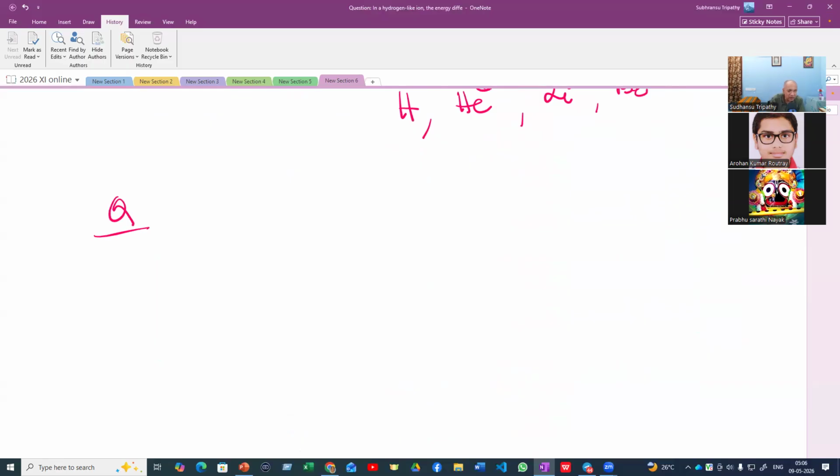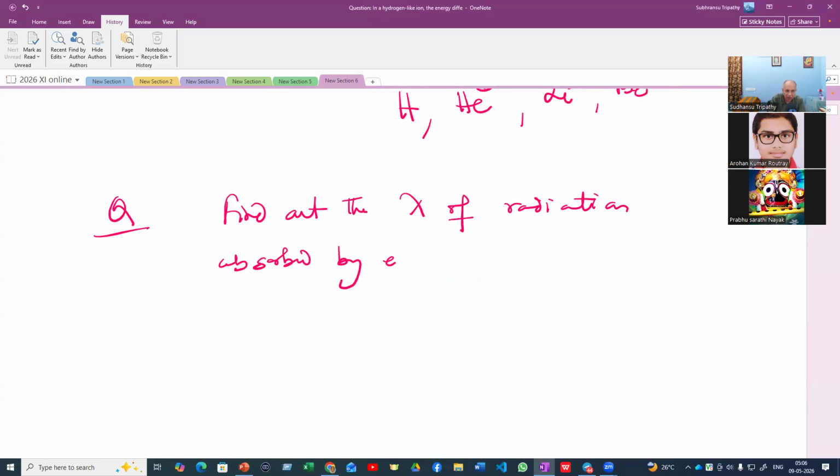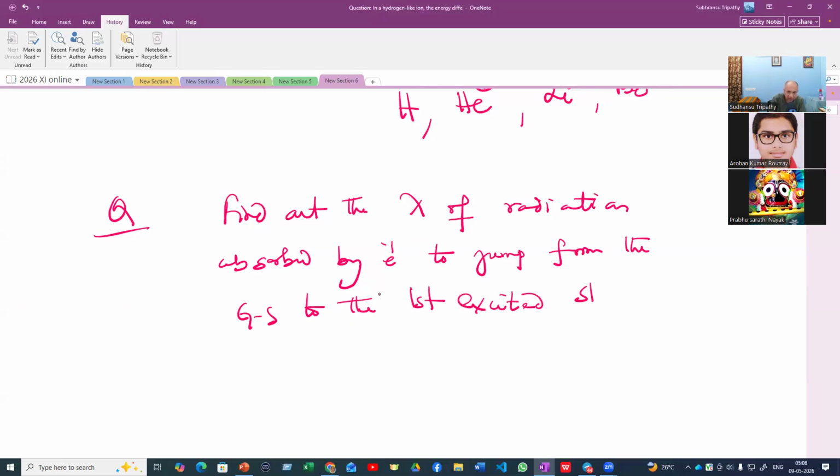Say we'll find out the wavelength of radiation absorbed by electron to jump from the ground state, I will write GS, to the first excited state. First excited state means n is equal to 2. Ground state means n is equal to 1.